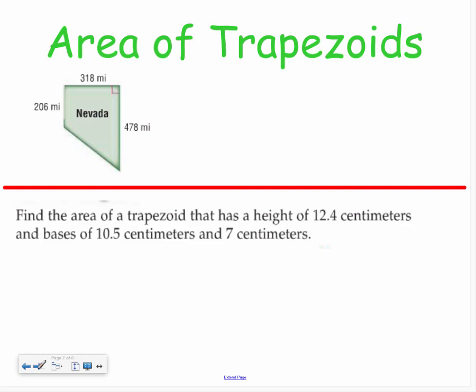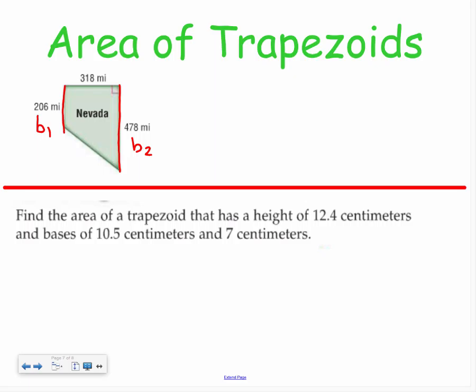So if we look at the first example up top, it gives us 3 different measurements. The first thing we need to do is make sure we find the 2 bases, which are the parallel sides. It does not matter which one you label base 1 and base 2, as long as you acknowledge that they are 2 different measurements.